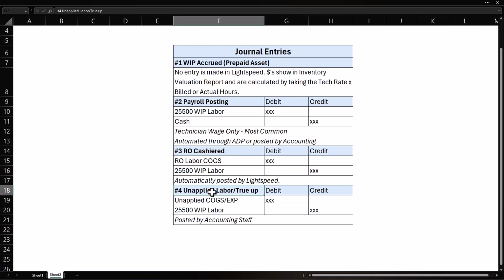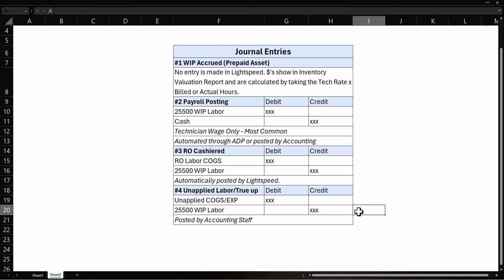Now there's a 4th entry when you're treating WIP labor as a prepaid asset account. This is a required journal entry by your accounting staff to do every single month. I would say it needs to happen no matter what, probably. If the entry is next to nothing, then that's great.